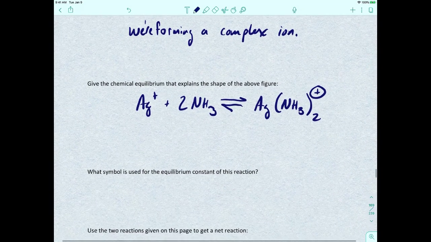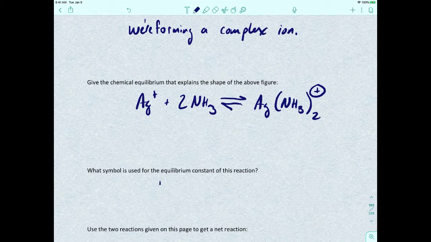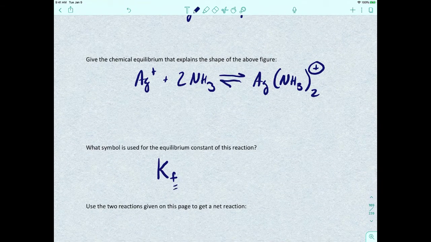All right, and if we were going to write an equilibrium constant for this reaction, the symbol we would use is Kf, where Kf is the formation of that complex.